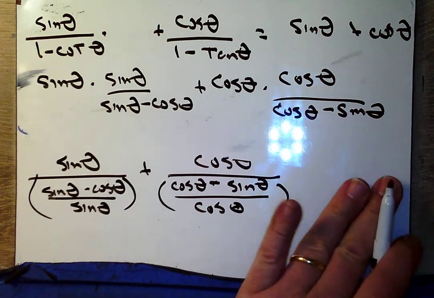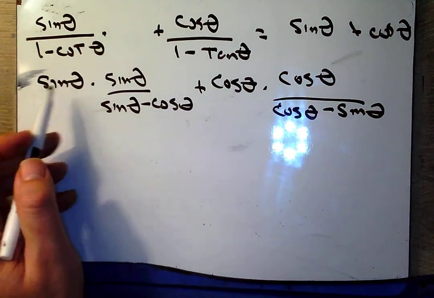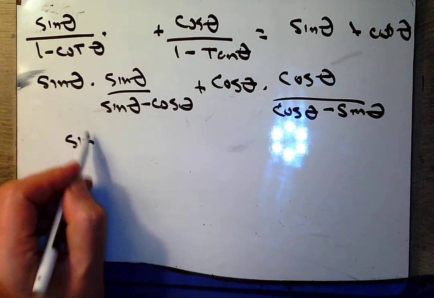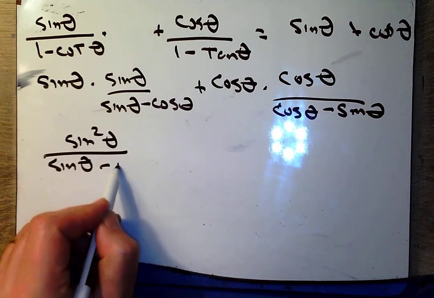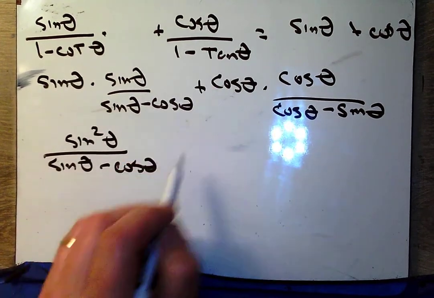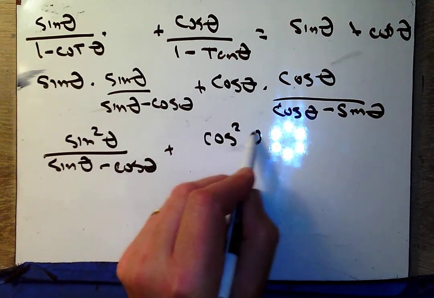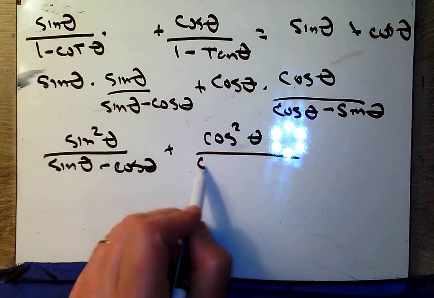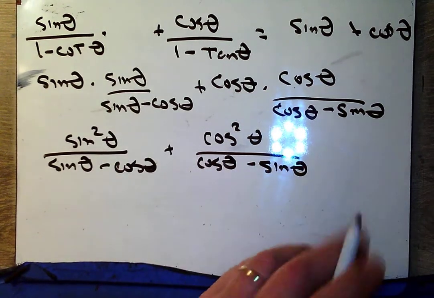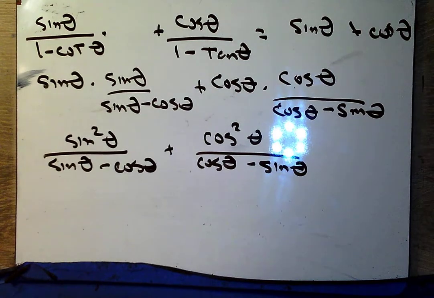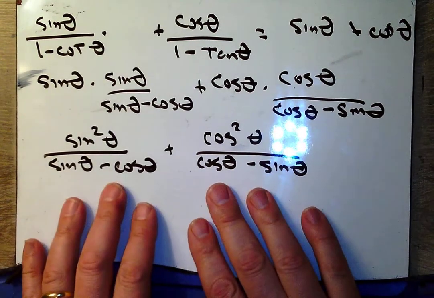How did that help? Well, let's take a look. Now we've got here sine squared over sine minus cosine. Now we have our plus sign. And look, cosine squared theta over cosine theta minus sine theta. And now a lot of students feel stuck. Well, check it out. I want these to have a common denominator.